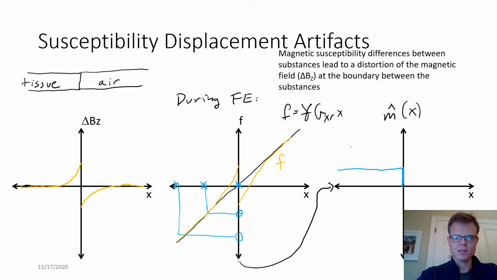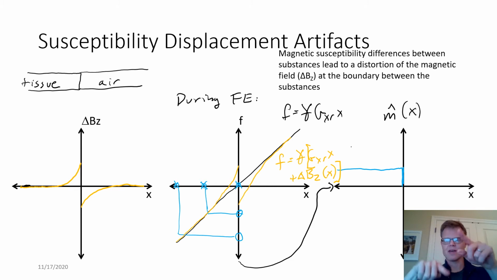Now our frequency is still the contribution from the gradient, but plus this change in the Z magnetic field as a function of position. Okay, so I've taken this linear line here, I've added this little distortion on top of that. And so let's take a look at what impact we expect that to have on our image.